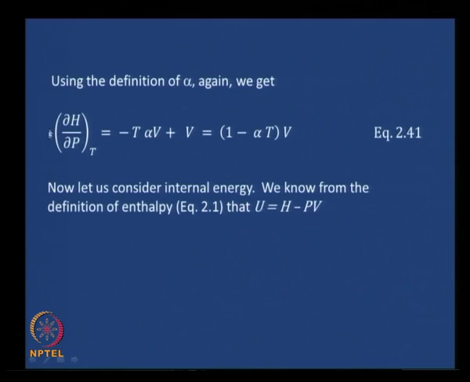So this takes care of the variation of enthalpy with respect to pressure in an isothermal process, the constant temperature process, in terms of alpha, T and V very nicely.